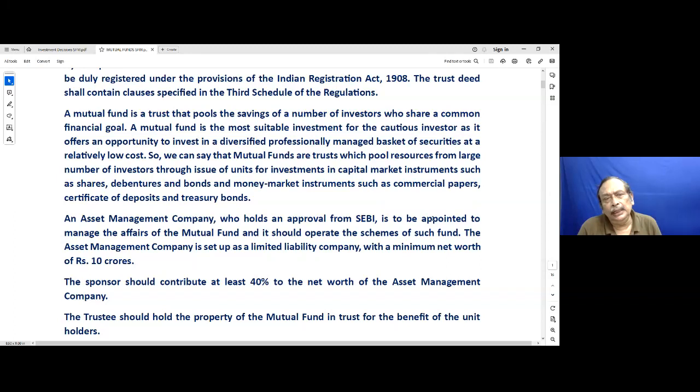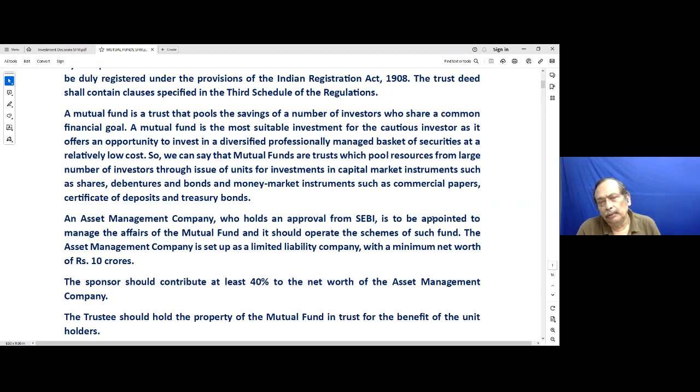A mutual fund is a trust that pools the savings of a number of investors who share a common financial goal. A mutual fund is the most suitable investment for the cautious investor, as it offers an opportunity to invest in a diversified, professionally managed basket of securities at a relatively low cost.